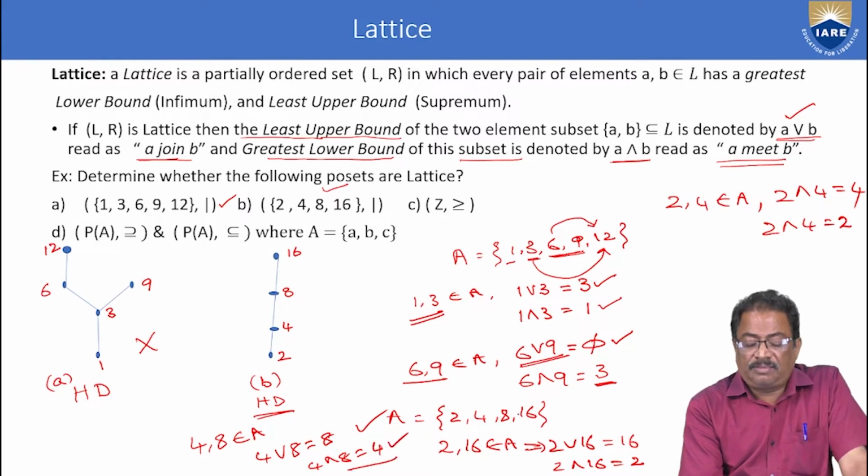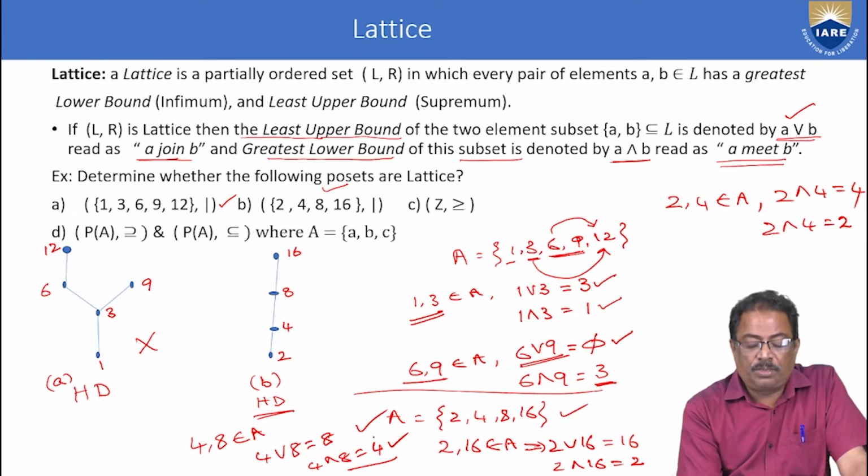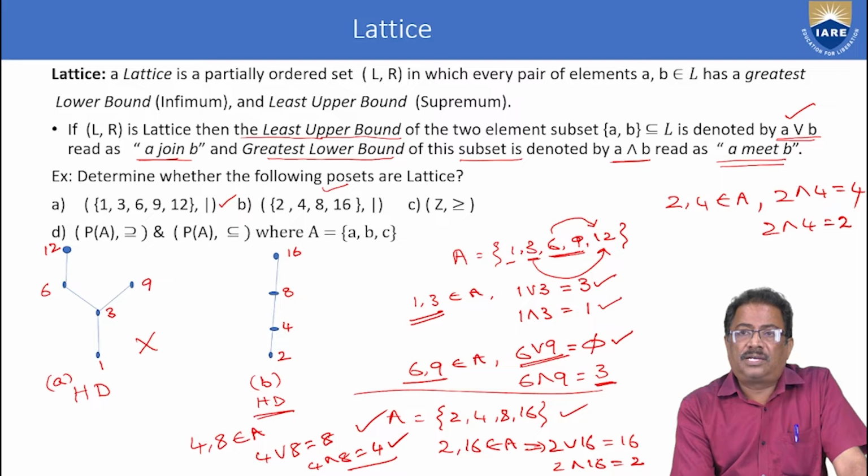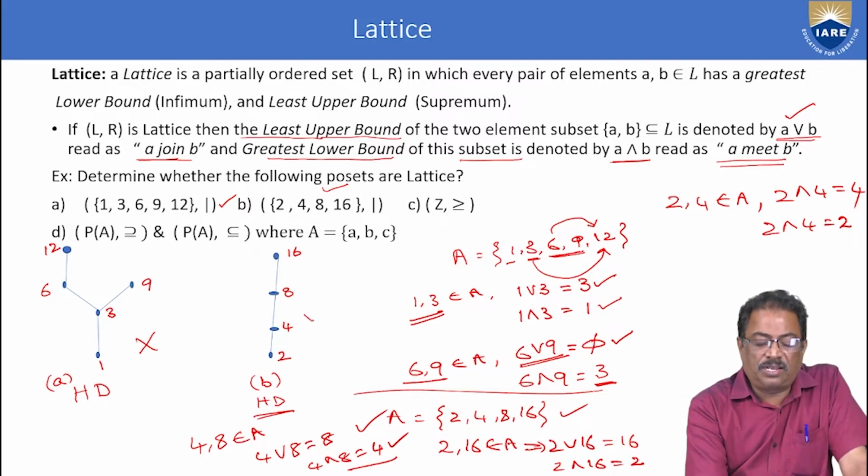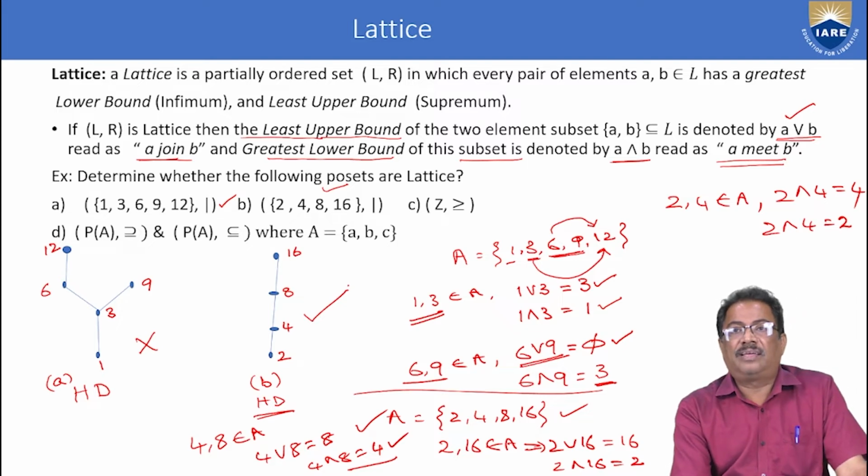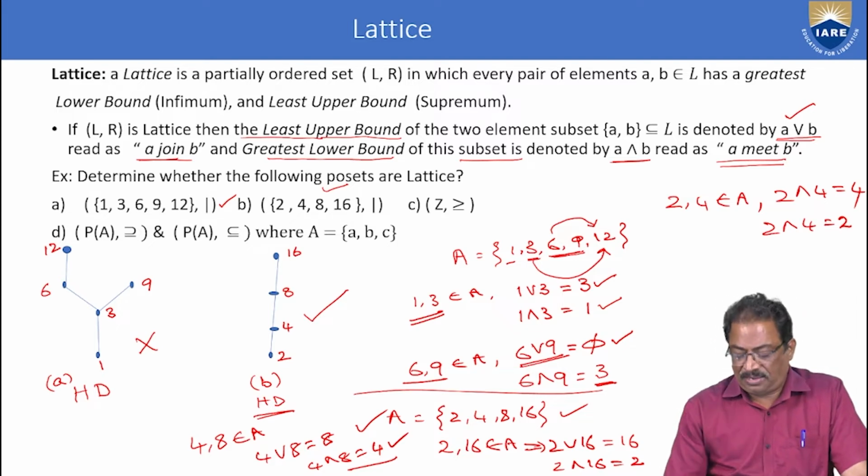So, that's why we can say that for any pair of elements of A, we can have a greatest lower bound and least upper bound. So this partially ordered set, we are calling it a lattice.